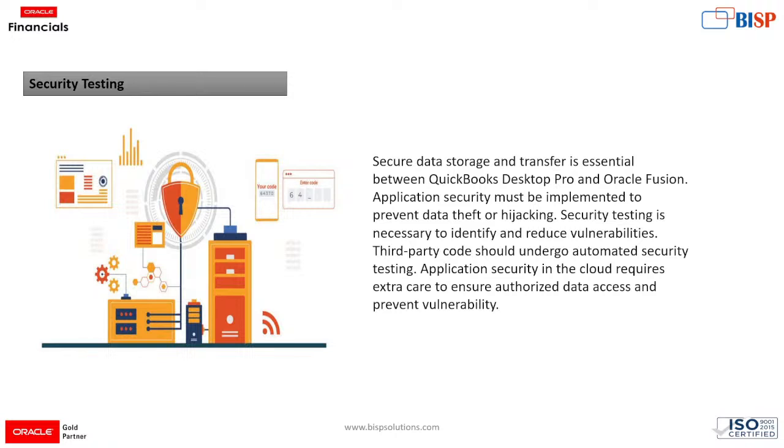Therefore, scanning this code can often reveal some issues that need to be patched. Sensitive data tends to be vulnerable on cloud-based platforms because it is constantly transmitted back and forth. Therefore, it is essential to implement robust security measures to protect against potential threats.